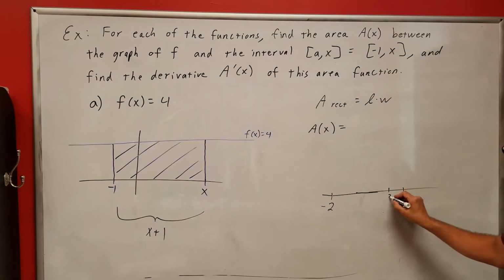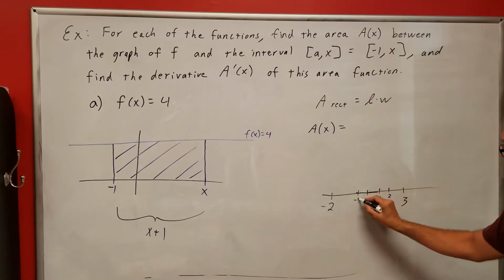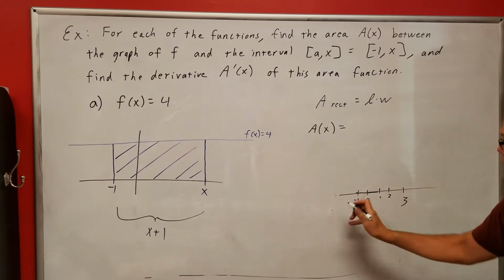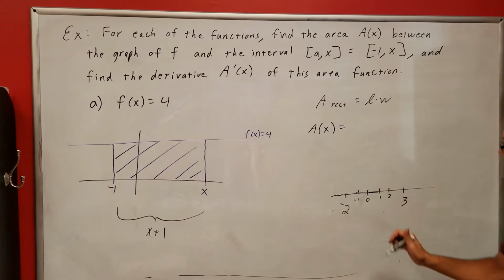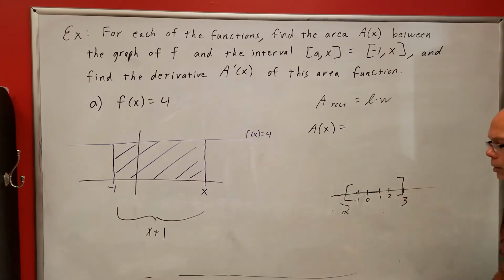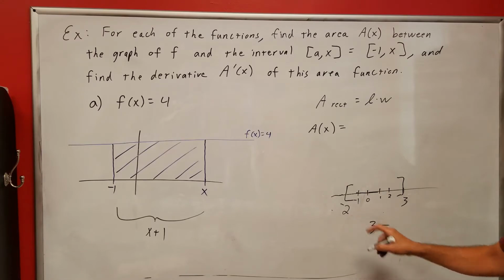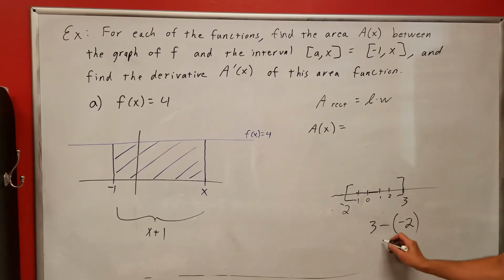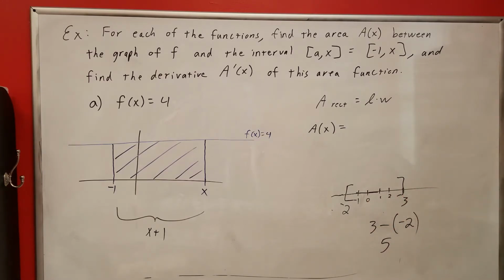So here is 2, here is 1, here is 0, here is -1, and let's say here is -2, okay? What if I wanted to find the length of this interval right here from -2 to 3? How do you do this? Well, you take the rightmost number, 3, and you subtract the leftmost number, -2, right? And what does that give you, 5? 1, 2, 3, 4, 5. Hey, I did it right.